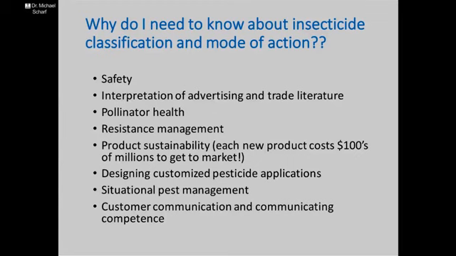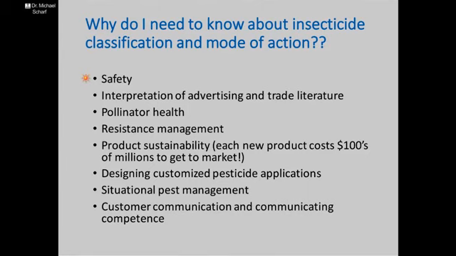This next slide, I tried to rifle through some key factors that are reinforced to me all the time when I'm teaching toxicology and interacting with the industry on this topic. So, what do I need to know about insecticide classification and mode of action? Number one here at the top is safety.